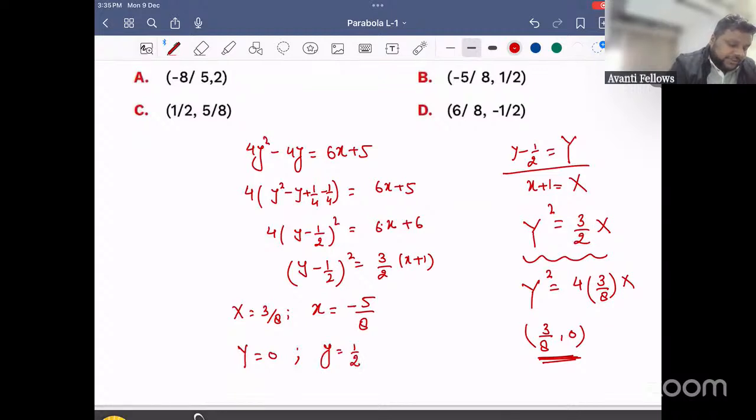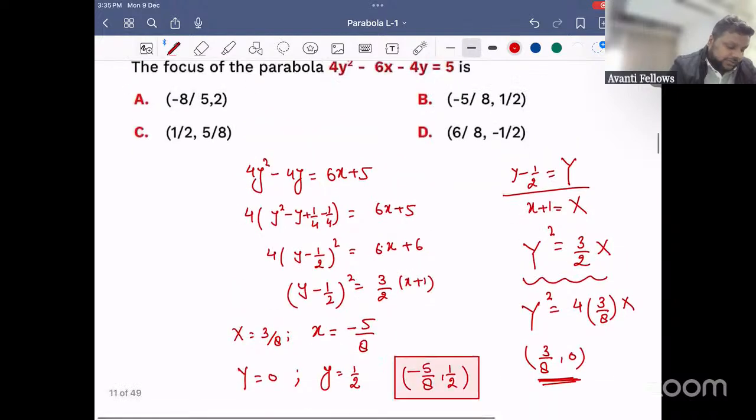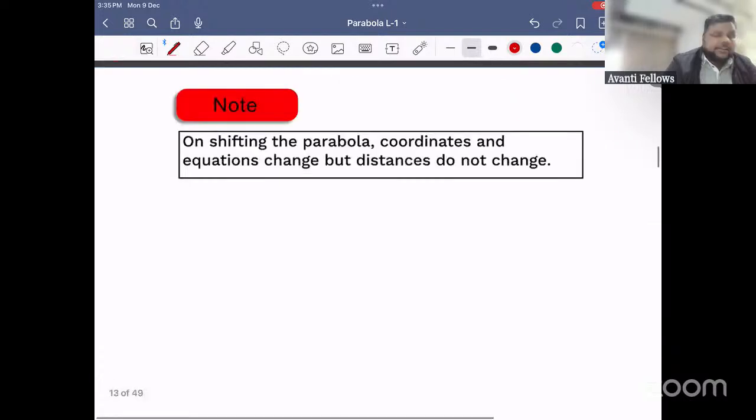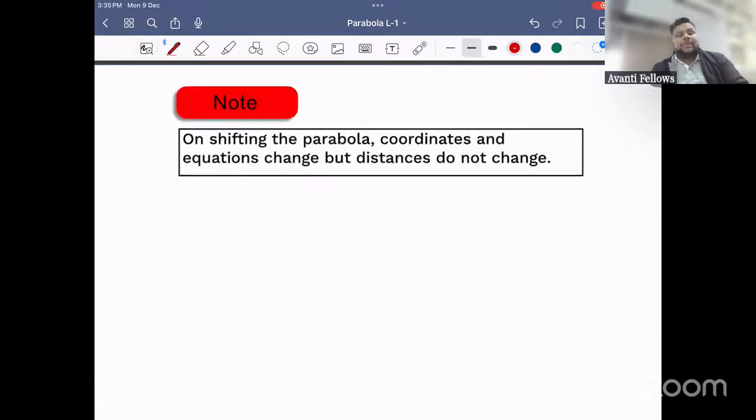So the focus is minus 5 by 8, comma 1 upon 2. Am I clear?